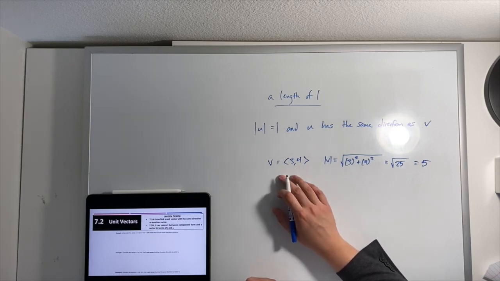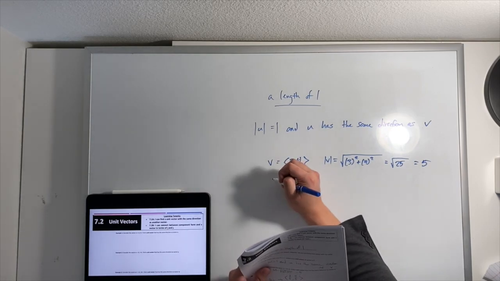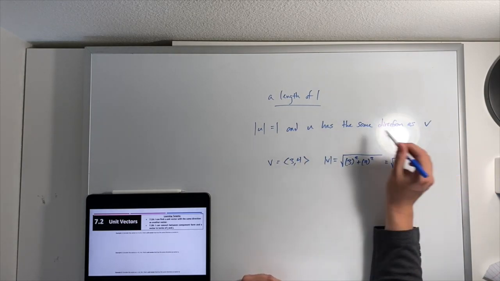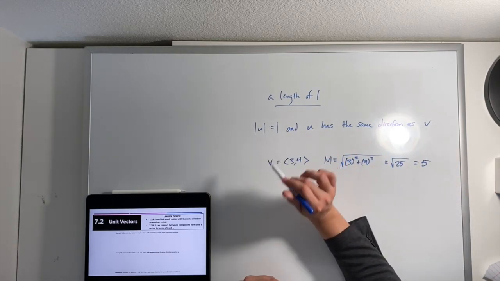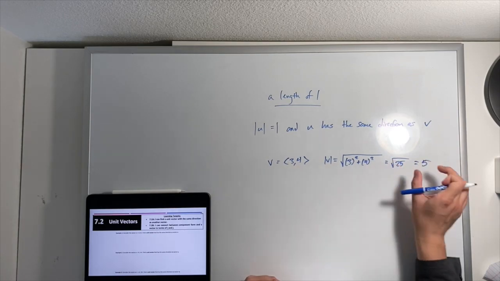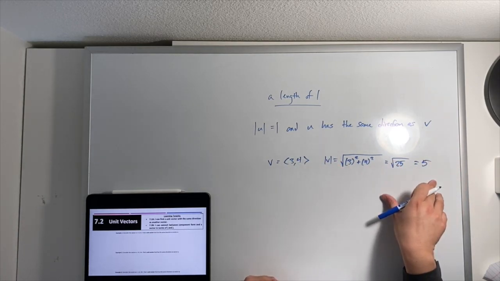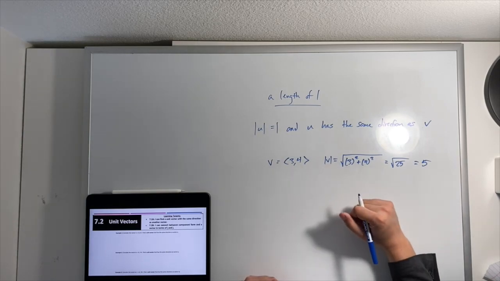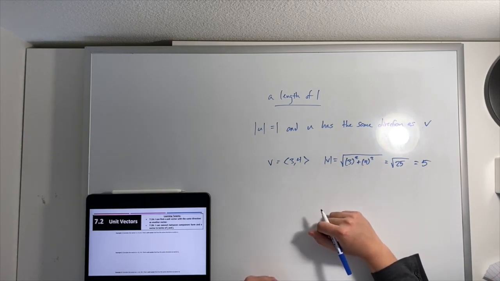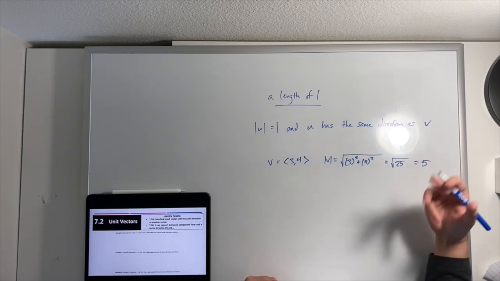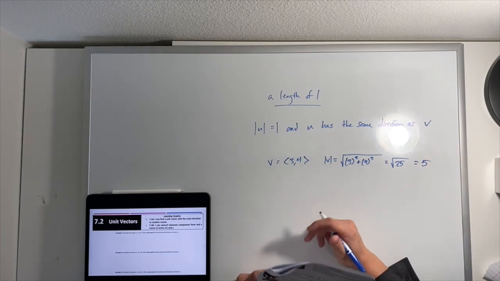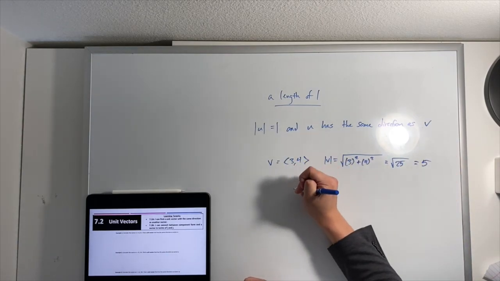We want a unit vector. In other words, we want some vector that has a magnitude of 1. So how can we take this vector with a magnitude of 5 and turn it into a magnitude of 1? What can we do to turn anything into 1? We divide by itself.